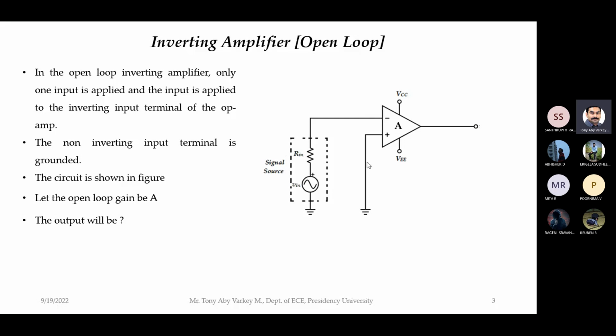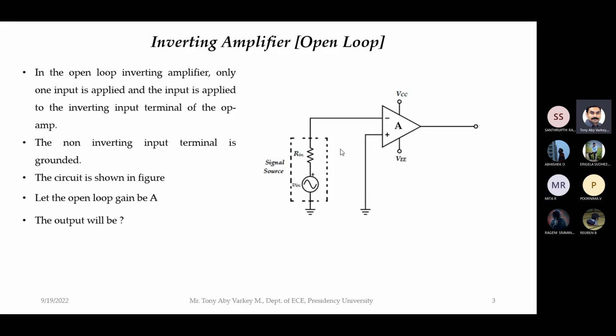So VID is voltage at the non-inverting terminal minus voltage at the inverting terminal. What is the voltage at the non-inverting terminal here? It is connected to ground, so the voltage is 0.